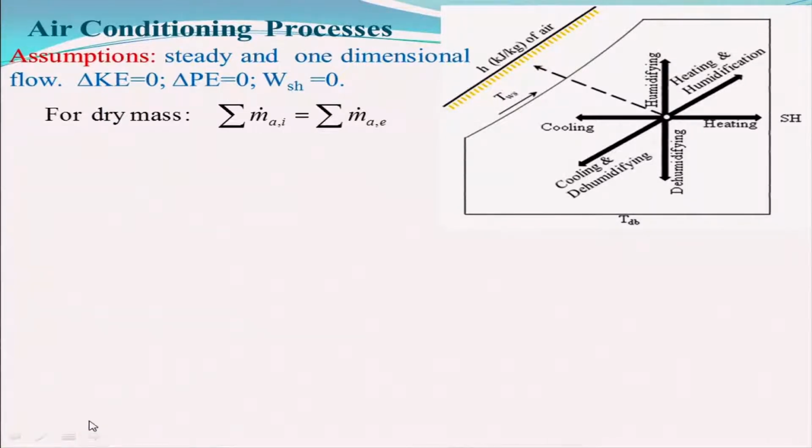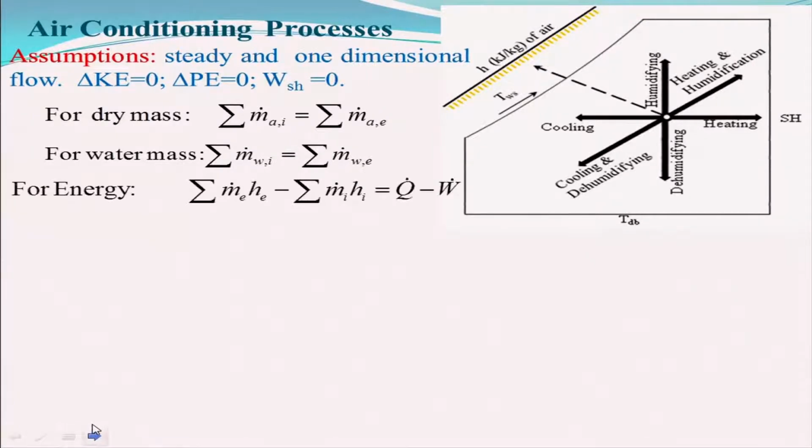And then we will do the dry mass balance, that is for the air: the summation of air mass flow rate at the inlet is equal to the summation of air mass flow rate at the exit of any duct we are considering. And the water mass balance: the summation of water mass flow rate at the inlet is equal to the summation of water mass flow rate at the exit.